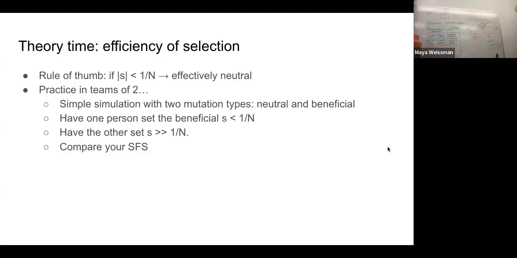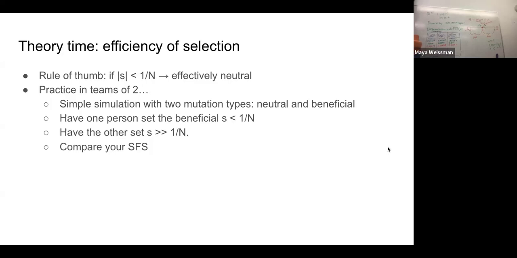So let's look at the frequency. That depends.